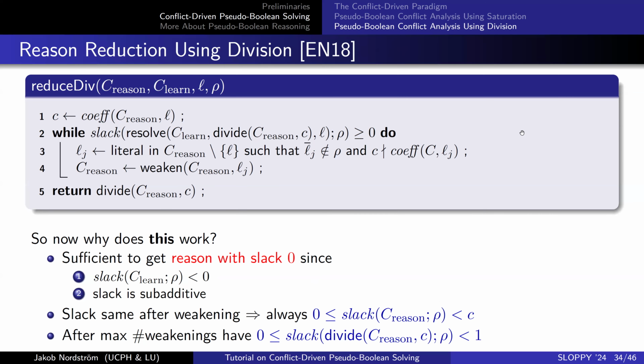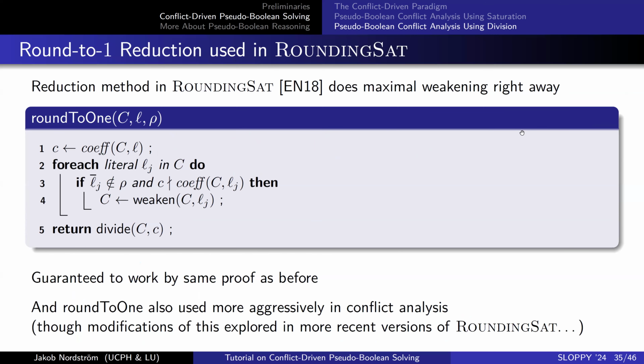Okay. And just to, this is getting a little bit technical, but RoundingSAT is actually doing something slightly more aggressive, or the first version of RoundingSAT did something more aggressive. It actually did, and related to Pierre's question, notice that the proof kind of assumes that I've weakened everything away and then says, well, at this point it will work.